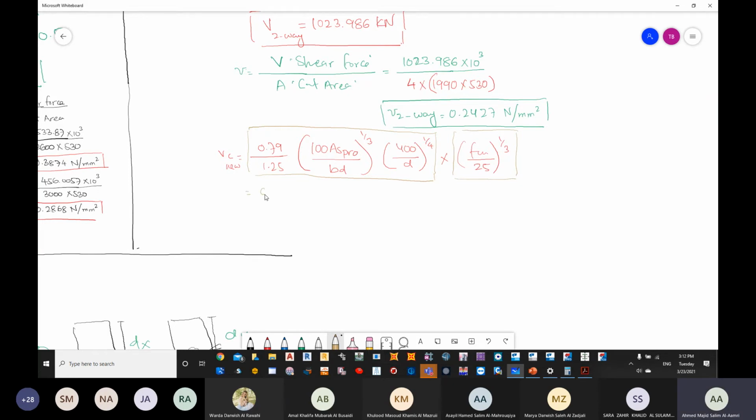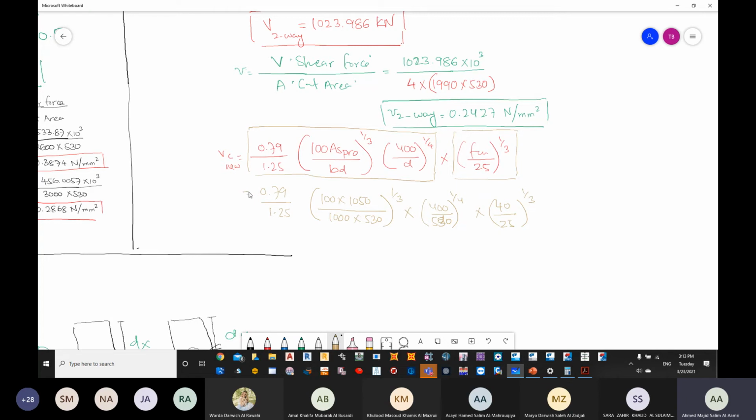Okay, so we have 0.79 divided by 1.25, 100 multiplied by 1050, that's my AS provided. My width is 1000, my average depth is 530, multiplied by 400 divided by D, D is 530, multiplied by FCU, which in this problem is 40 divided by 25 to the power of 1/3.